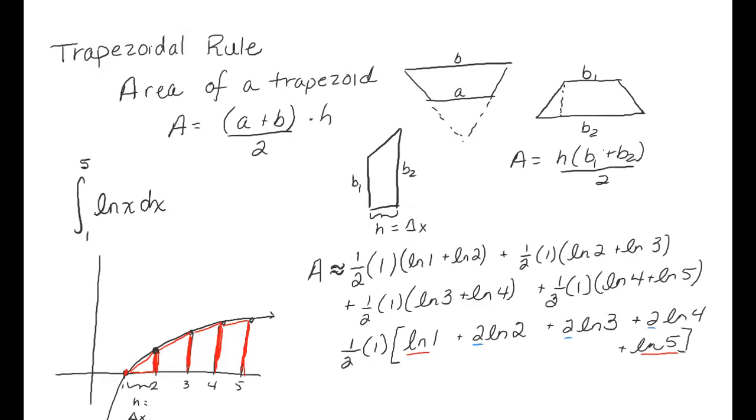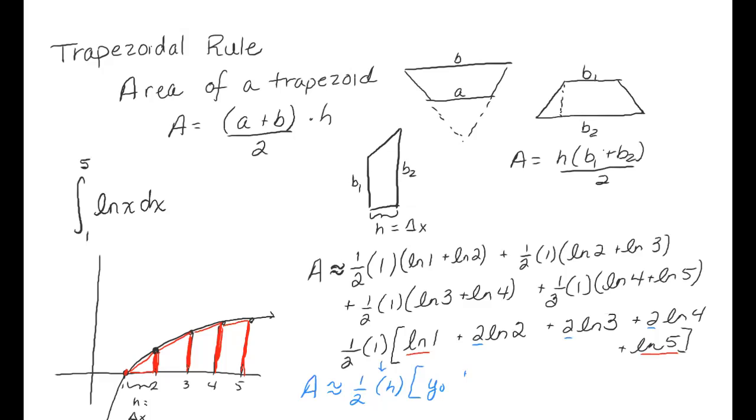So that's going to show up in our formula for the trapezoidal rule, which is going to look something like this. That area is approximately 1/2. That came from the formula for the area of a trapezoid. The 1 was the height, or the delta x. And in parentheses, we've got our y values. So if I number these, I'm going to call the first one y sub 0.